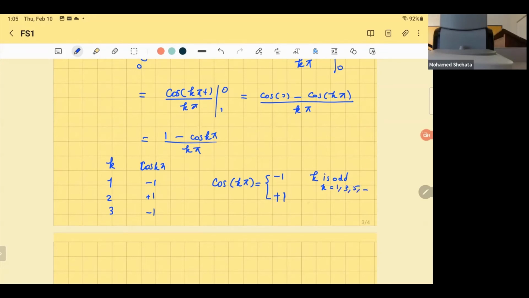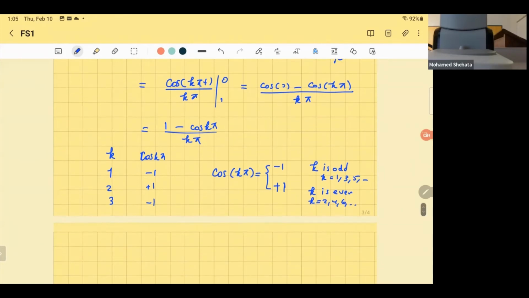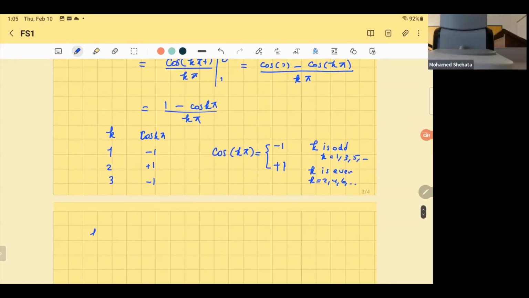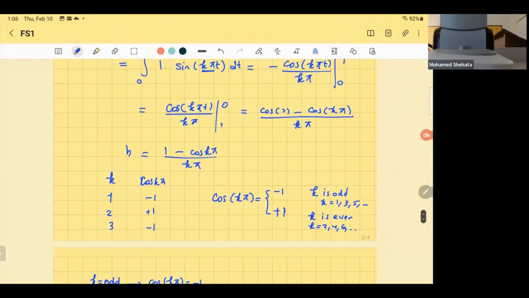Positive 1 if k is even, like k equal 2, 4, 6, and so on. So let's find out what we get. So if k is odd, I know that cosine k pi will be equal to negative 1. I substitute in the expression for bk that we have here, just to get some values.